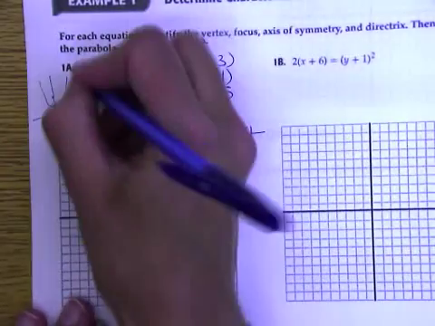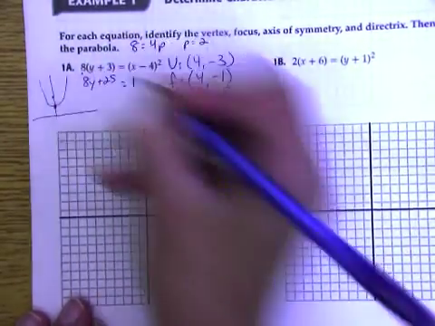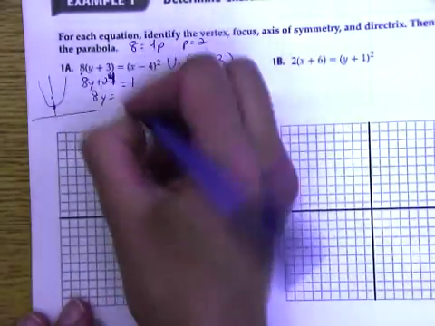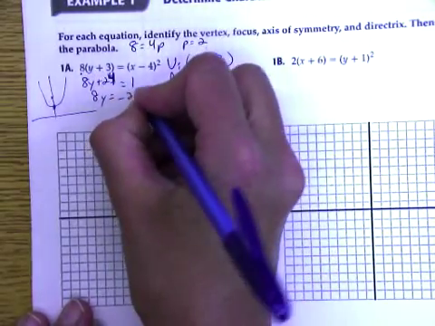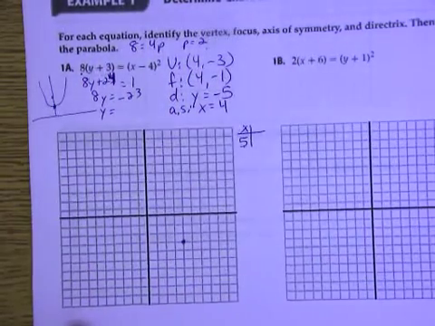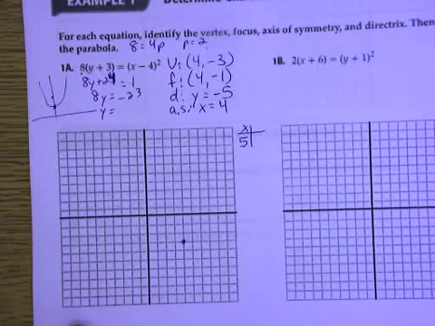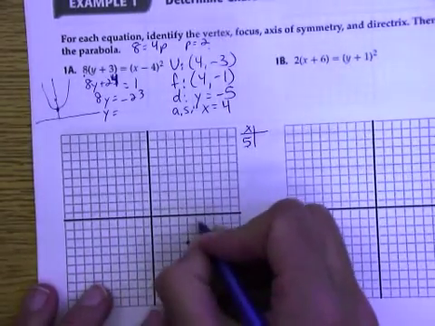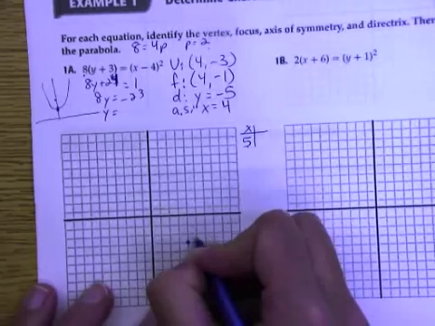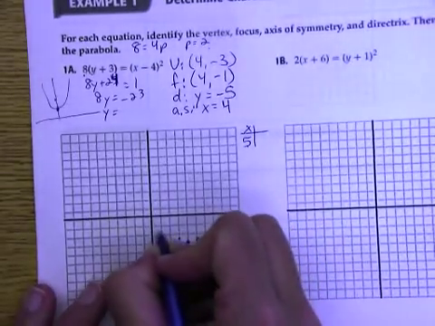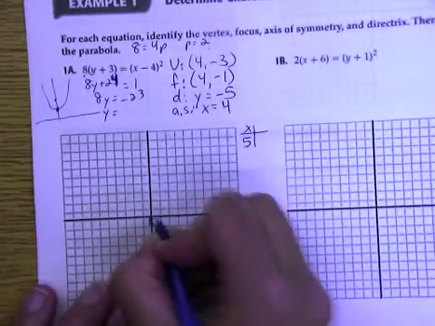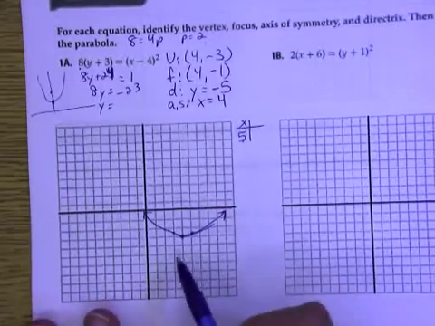So if I plug in 5, I've got 5 minus 4, which is 1. 1 squared is 1, equal to 8y plus 24. I'm getting ahead of myself. So 8y equals negative 23, and y is negative 2.88. So that's going to be pretty broad looking parabola here.